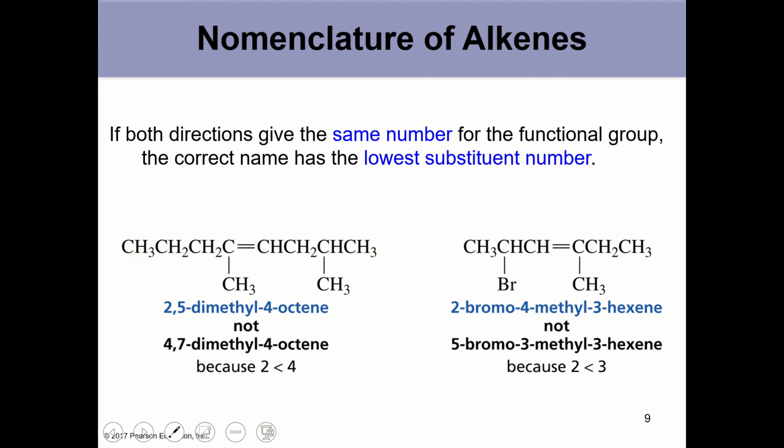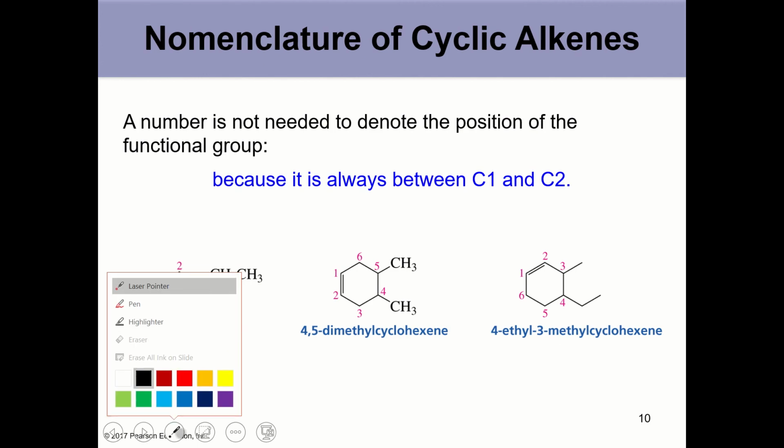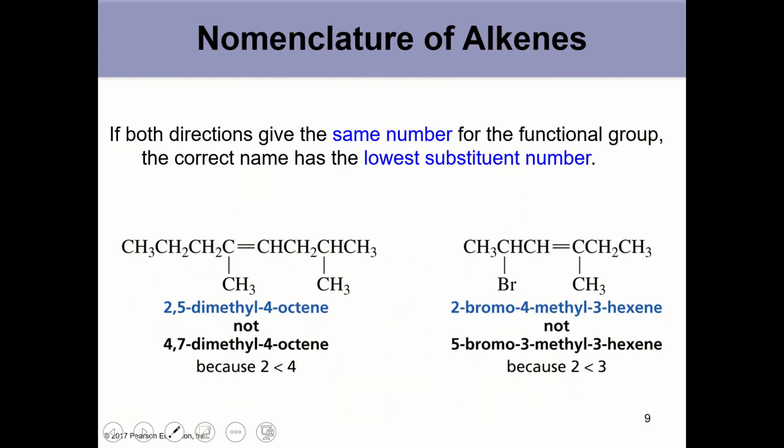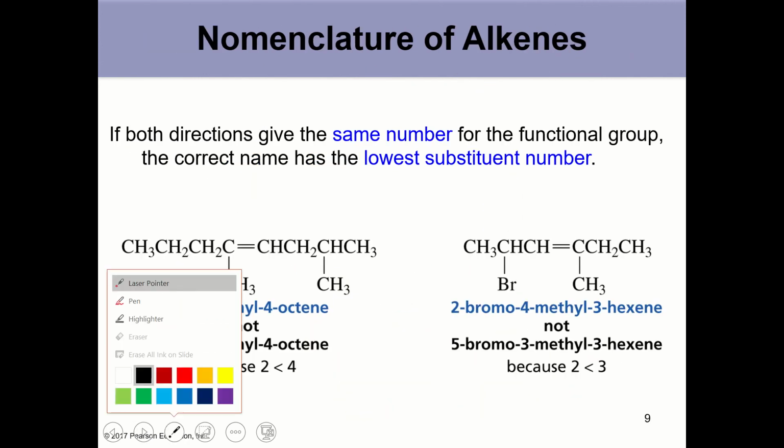However, for the substituents, if we start from the right and move to the left, we would have a substituent at carbon 2, the pi bond at carbon 4, and the second substituent at carbon 5. So that would give us substituents and the pi bond at 2, 4, 5.